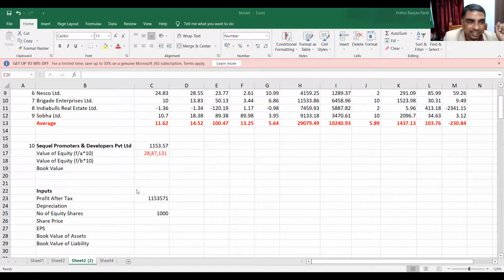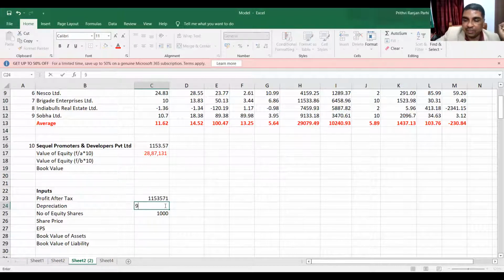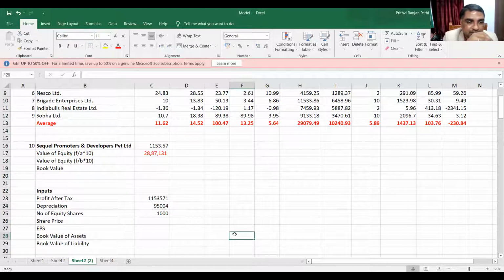Okay, I am taking you to my model. You see, I am writing here depreciation. I am putting this figure here, 95,004. Yes or no? Yes.